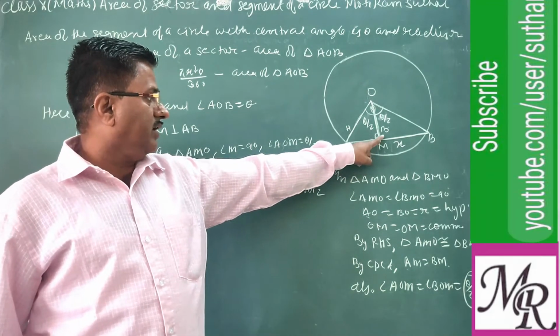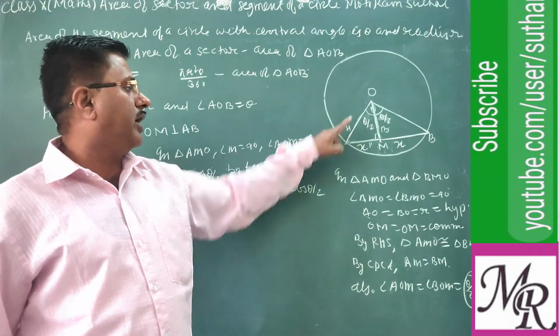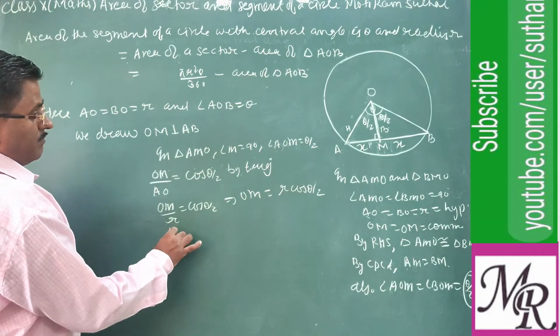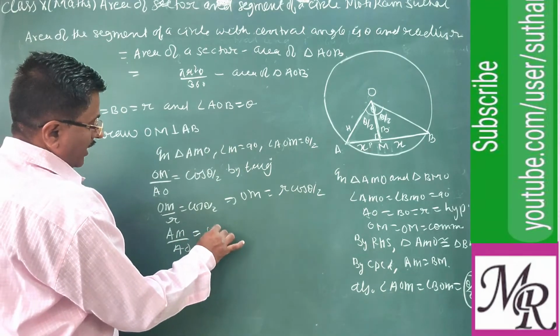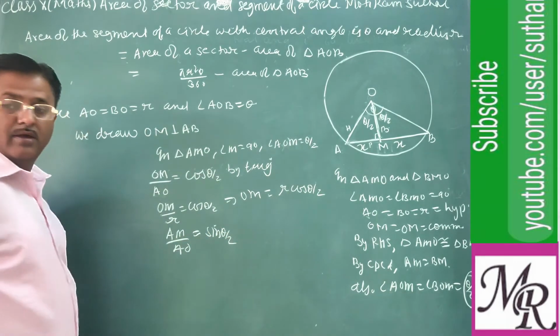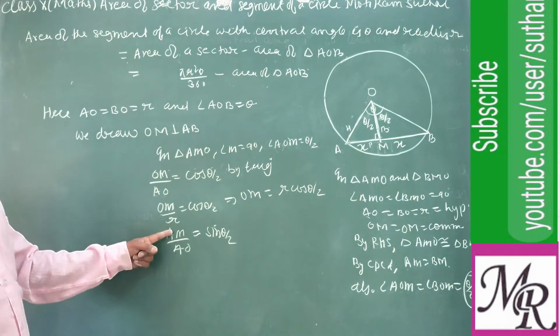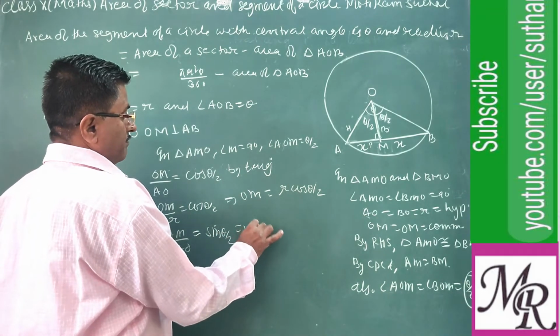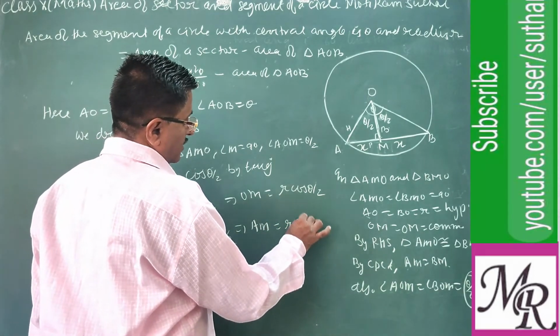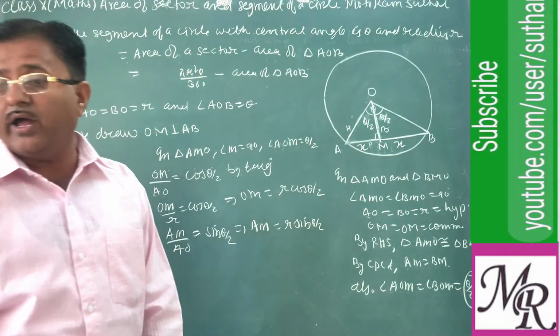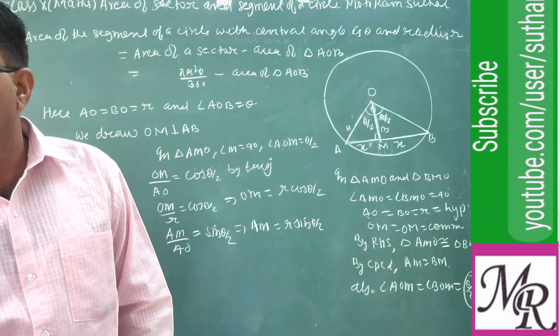Similarly, consider AM, that is perpendicular upon hypotenuse. So AM upon AO equals sine, since perpendicular upon hypotenuse is sine. So we get AM equal to R sine theta by 2.